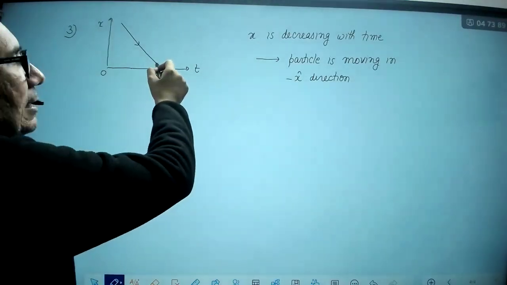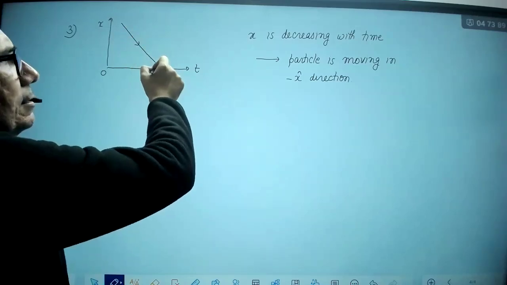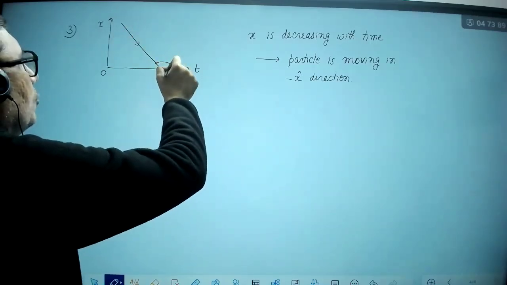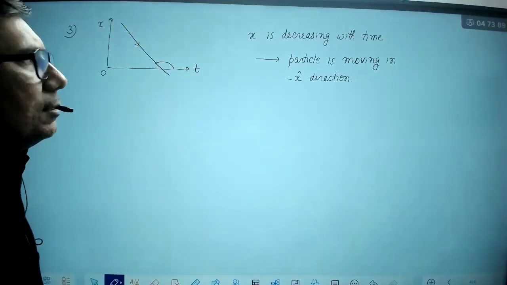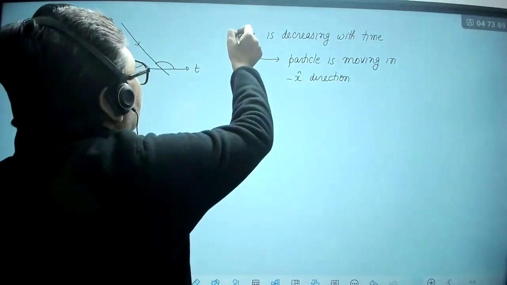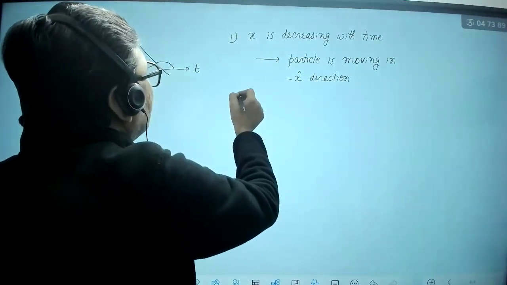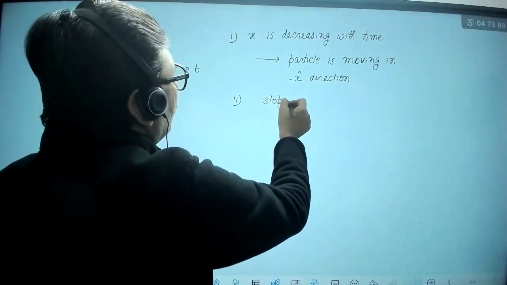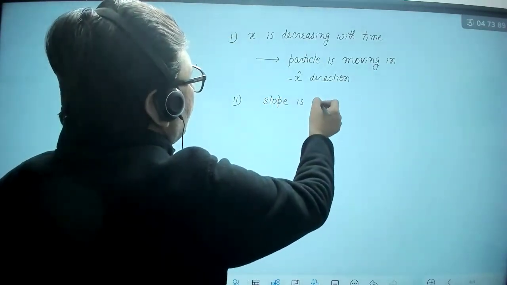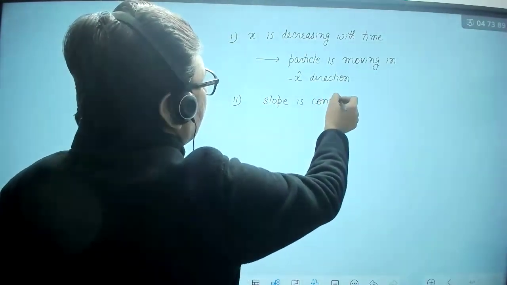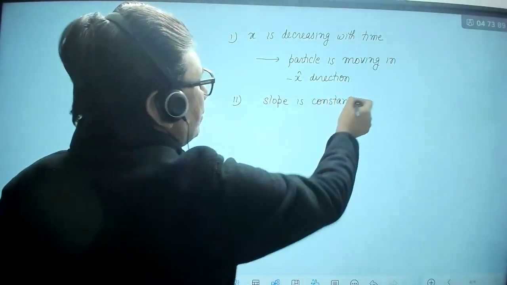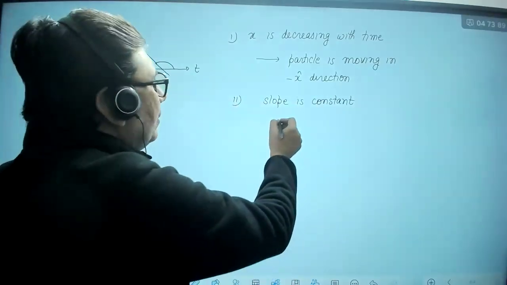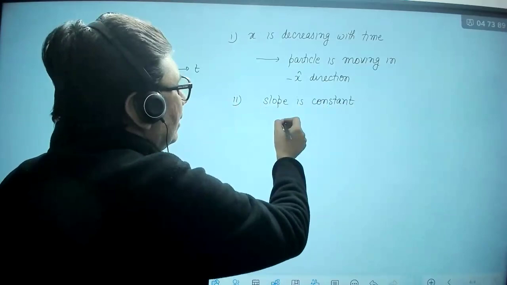Second, look here. Slope is constant. At any point you can observe the slope is constant throughout its motion. Slope is negative, but slope is constant. And the particle is continuously moving in minus x cap direction. So here, what can you say?